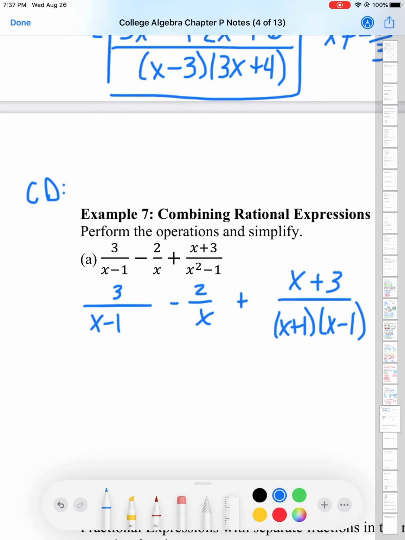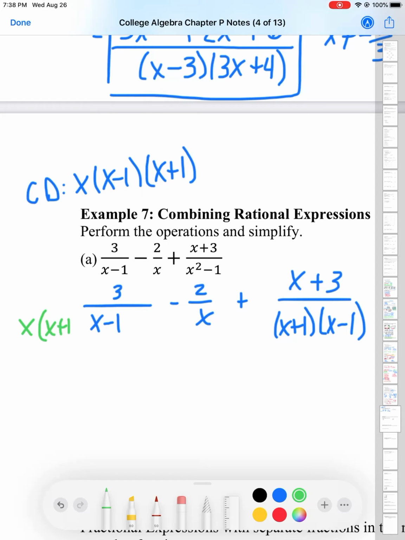So I have 3 pieces here, and my common denominator is x times x minus 1 times x plus 1.